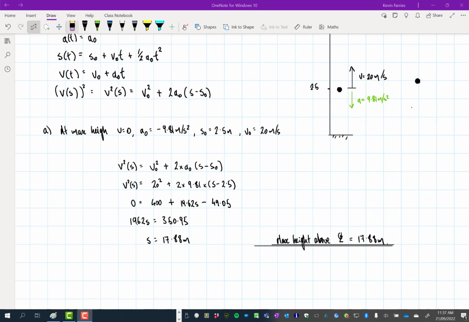I'll just change that to 17.9 meters, three significant figures for the answer.